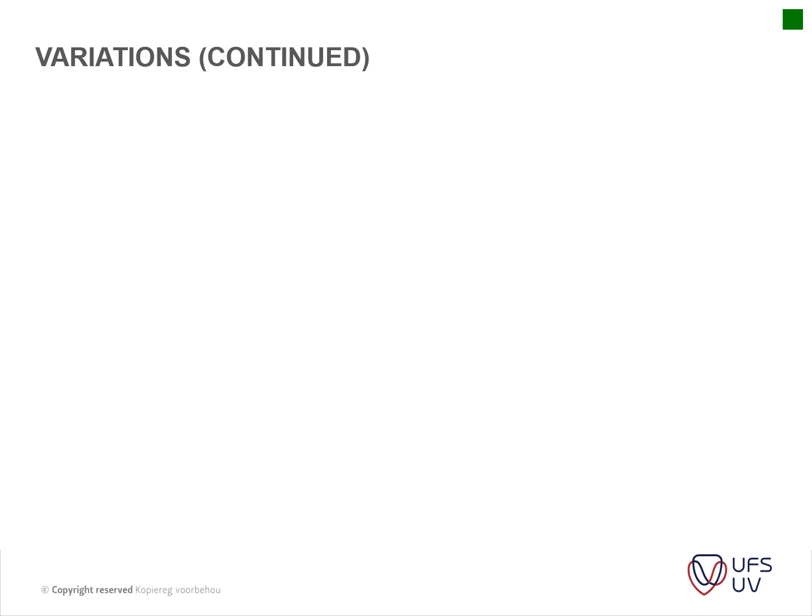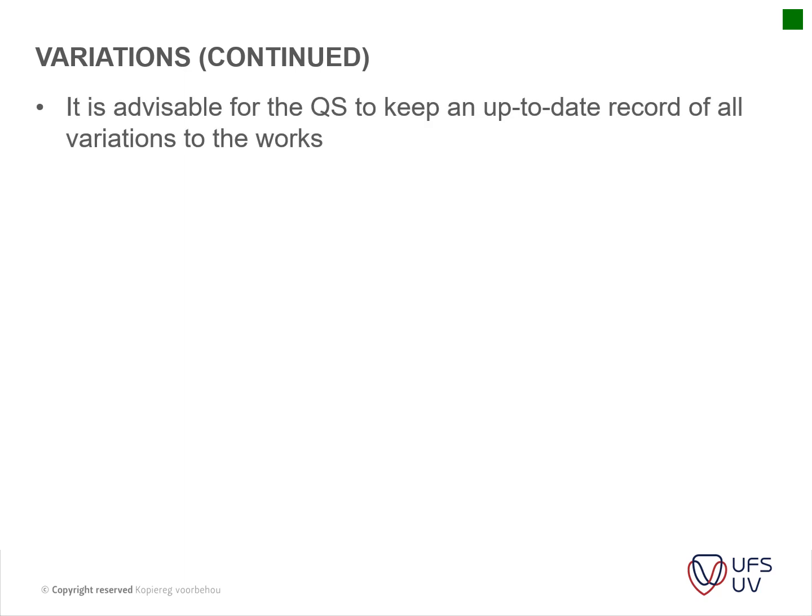Okay, so it is advisable for the QS to keep an up-to-date record of all variation orders. Many disputes are caused by this. Usually an instruction is issued on site, and then it's not costed properly or timeously, and usually after the project the contractor comes back and says, look, I did this, and I'm entitled to this cost, and then it hasn't been calculated.